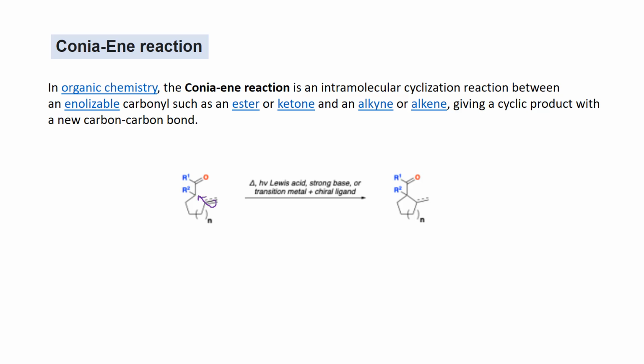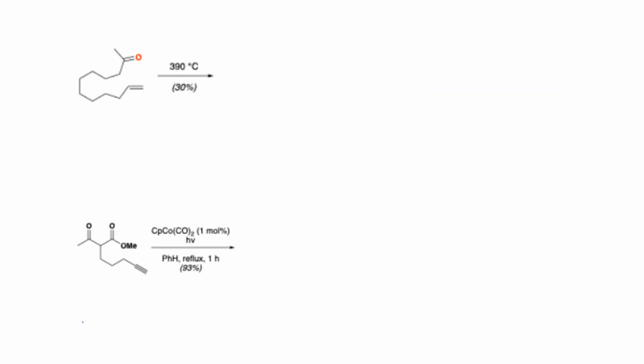Imagine that it will attack here and form this as a product. If you try to solve this mechanism with an example, what will happen in this one? I am trying to draw the product directly. If there is a double bond, then this double bond carbon will join directly, and then this double bond will become a single bond now. It can be applied for a triple bond also. What will happen?